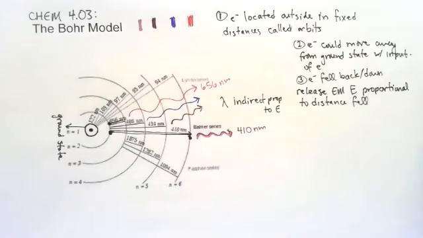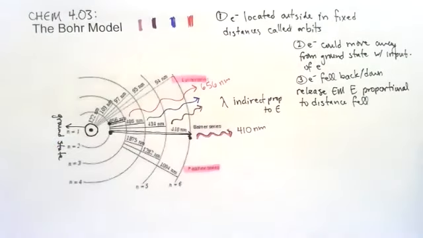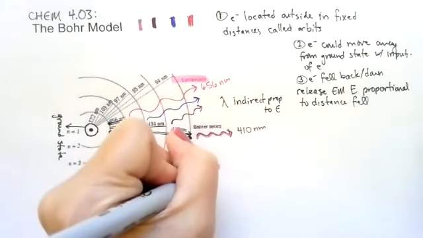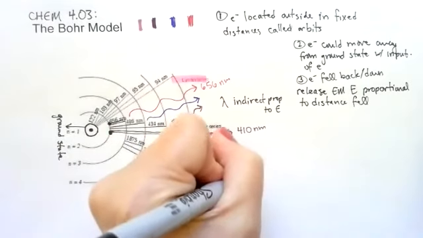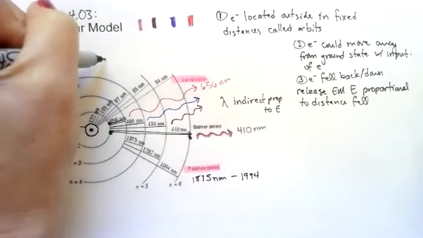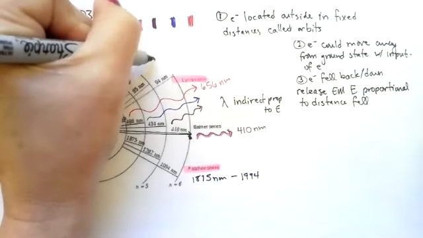Well, what do we have up here and down here? You've got more lines. Hey, Mrs. B, where are these guys? This is the Lyman series, and this is the Paschen series. I'm not quite sure how you pronounce it. These wavelengths range from 1875 nanometers to 1994, and these range from 94 nanometers to 122.